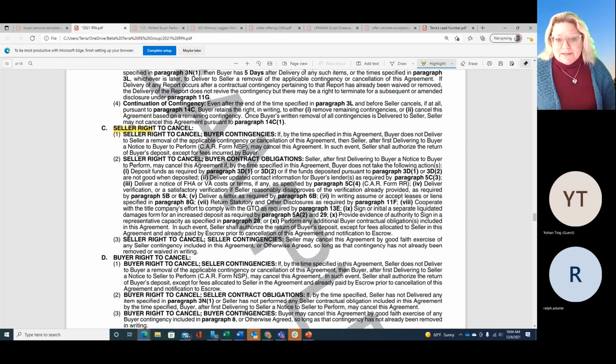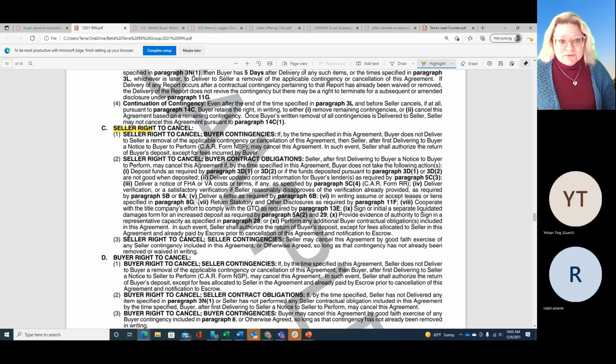Number 5, deliver a letter as required by 6B in writing, assume or accept liens or leases specified in paragraph 8G. That, of course, is talking about any security systems or solar panels or satellite dishes or anything that has some type of a lease attached to it.